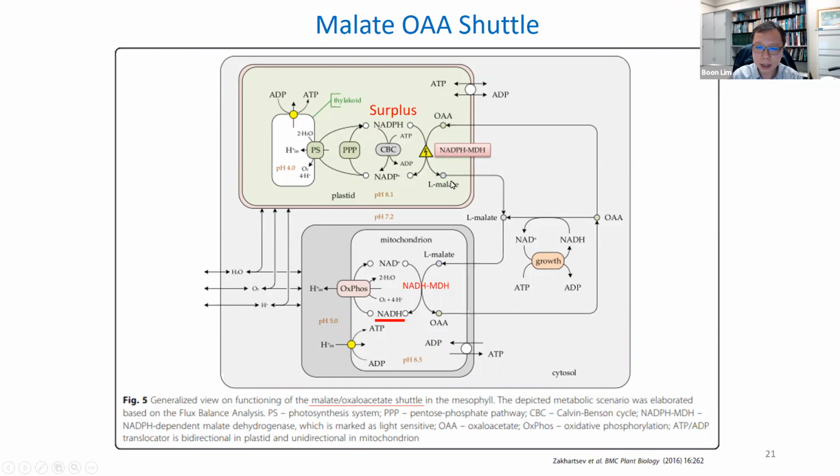And then this malate can be exported from the chloroplast to the cytosol. In this diagram, you can see that malate can be imported into mitochondria. And then in the mitochondria, there is an NADH-dependent malate dehydrogenase that can regenerate OAA and generate NADH. So through this malate-OAA shuttle, surplus NADPH in the chloroplast can be transferred to the mitochondria in the form of NADH.